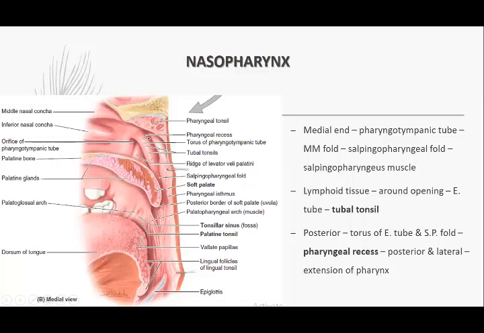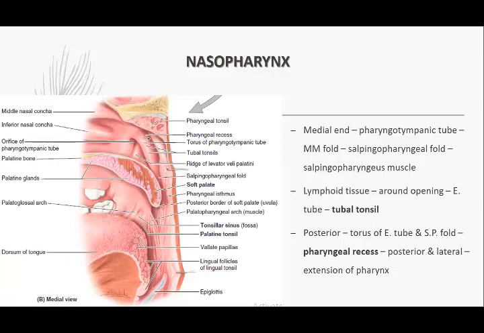The muscle underlying this salpingopharyngeal fold is called salpingopharyngeus. Okay? So salpingopharyngeus muscle है. Covering that muscle is the mucous membrane, a fold of mucous membrane.